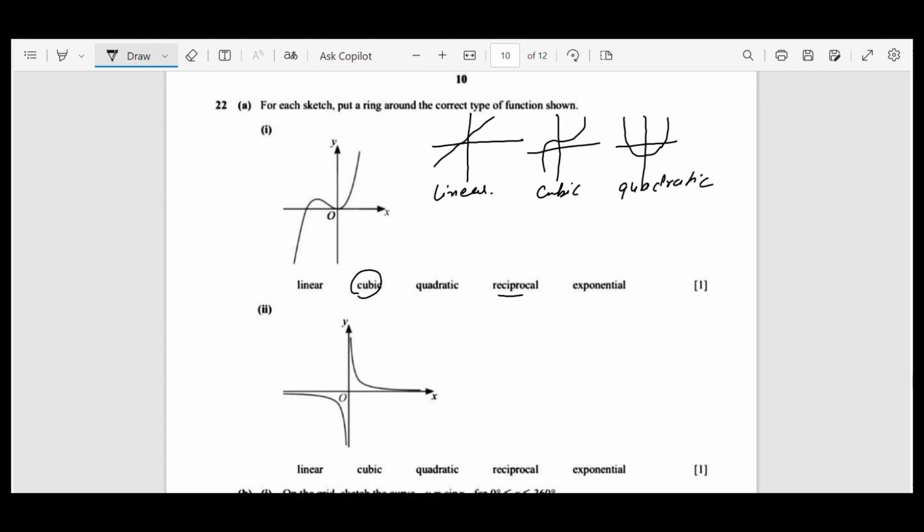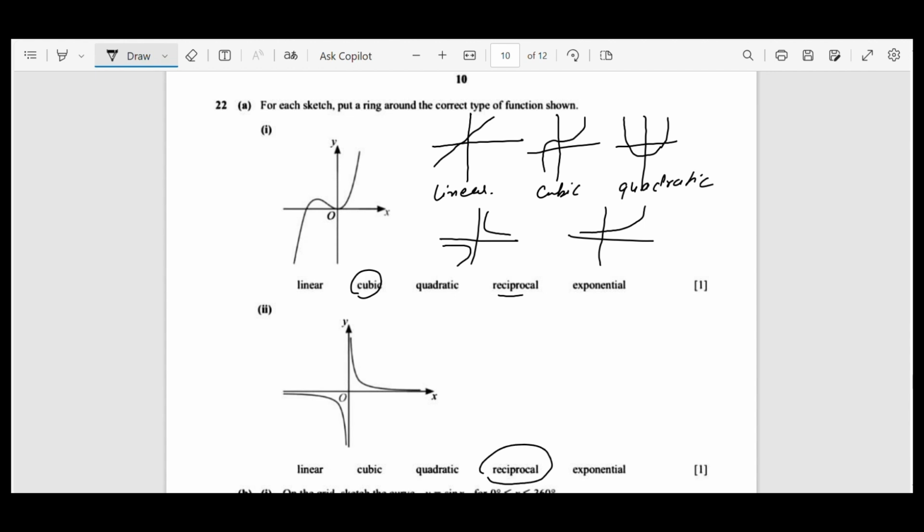Next, for reciprocal, this type of graph is for reciprocal, and for exponential, it is this type of graph. So this is the cubic graph, and next will be the exponential graph. And next is the reciprocal graph.